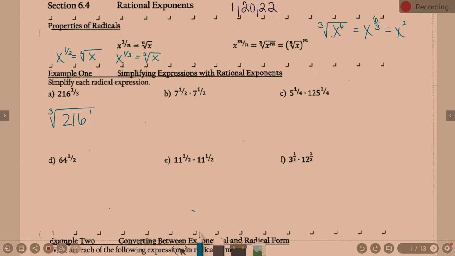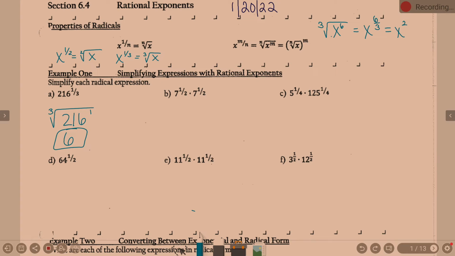Now, here's the question. Can you go farther? Yeah, I don't even need my calculator because I can use my blue paper, can't I? What do you notice in the cube root column about 216? If you count down 2, 3, 4, 5, 6, the cube root of 216 is 6.